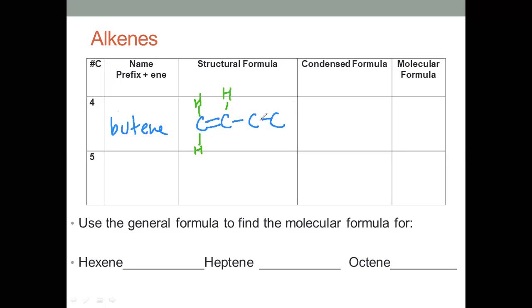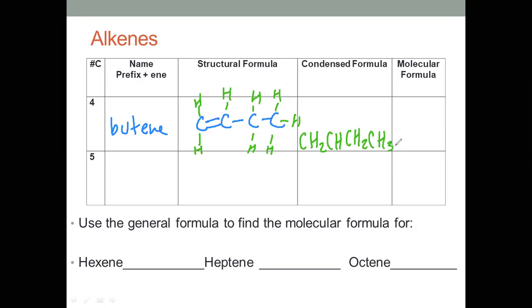This carbon has 2, so you need 2 hydrogens. Third, 1, 2, 3. Or fourth needs 3. Okay, so condensed formula. CH2, the first one. CH, second one. Third one is CH2. Last one, CH3. C4H8.